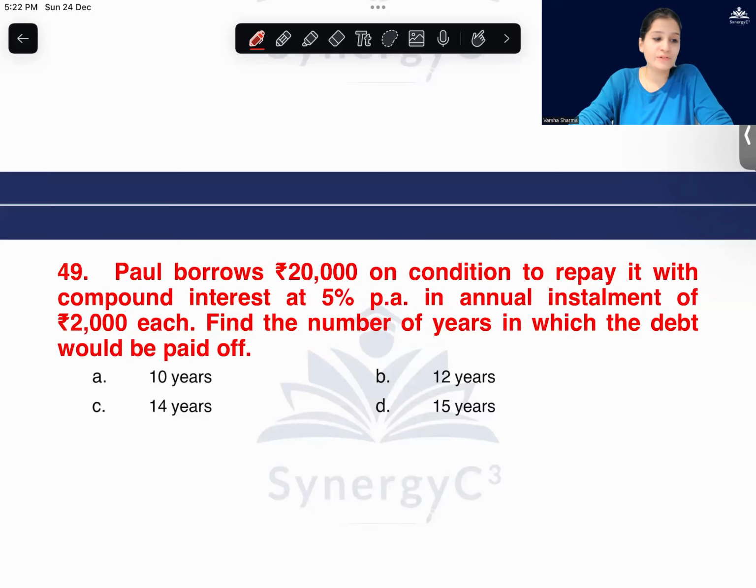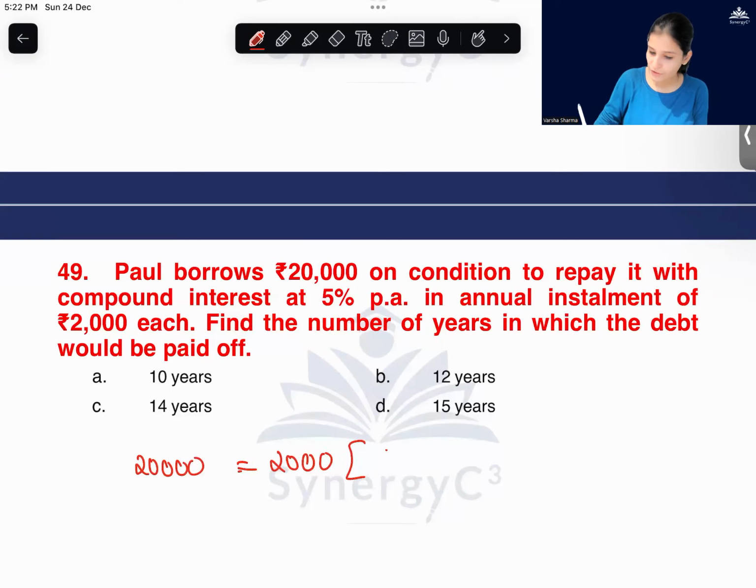Go for trial and error. It will be much quicker. So Paul borrows rupees 20,000 on condition to repay it with a compound interest at 5% in annual installment of 2,000. So this 20,000 is the loan amount. Repaying it by an installment of 2,000. 1 minus annual, so 1.05 to the power minus n, in how many years, upon 0.05.